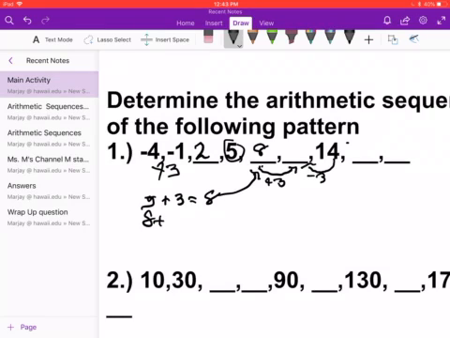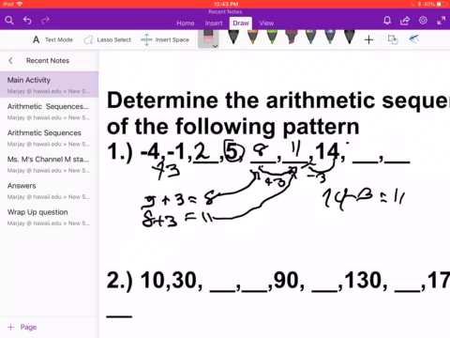So 8 plus 3 should give you the next number, which is, yes, 11. Okay, let's see if we get the same thing. If we subtract 3 from 14, 14 minus 3 is, yes, 11. So it's the same thing.